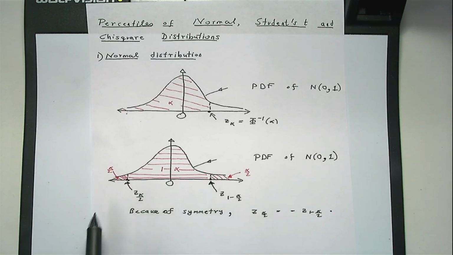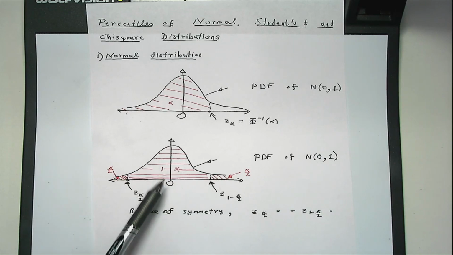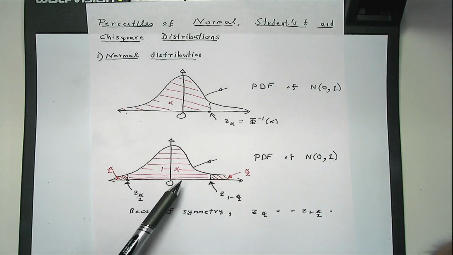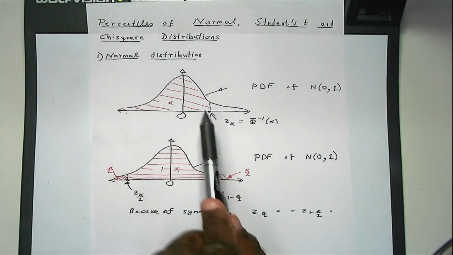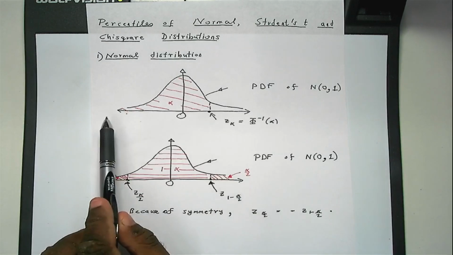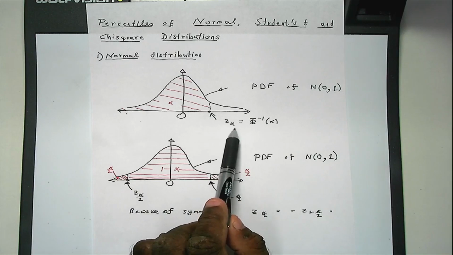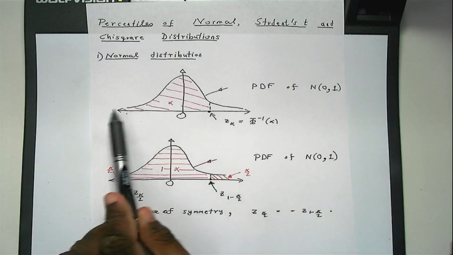So I hope you follow from this slide what the percentile means. So percentile is basically a point along the horizontal axis, such that the subscript is the amount of area covered to the left of that point.